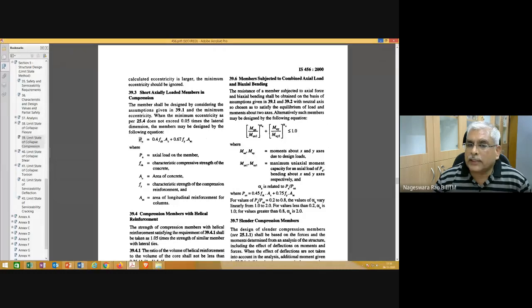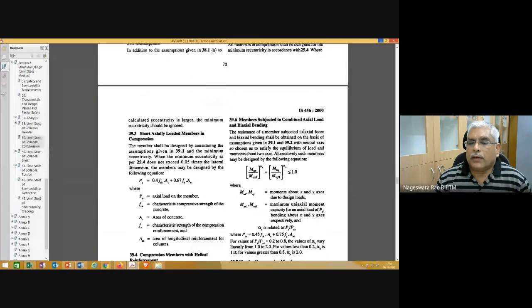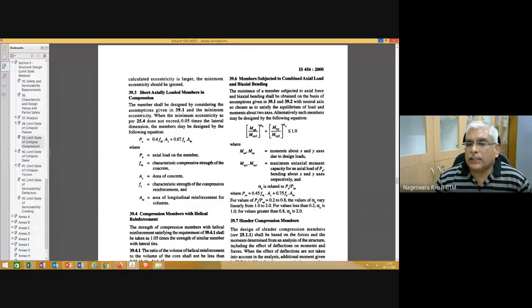Or if the axial load is given, you can make use of this equation and try to find what should be the area of concrete and the area of compression reinforcement. And this equation is obtained based on these assumptions. So we'll go through the details.